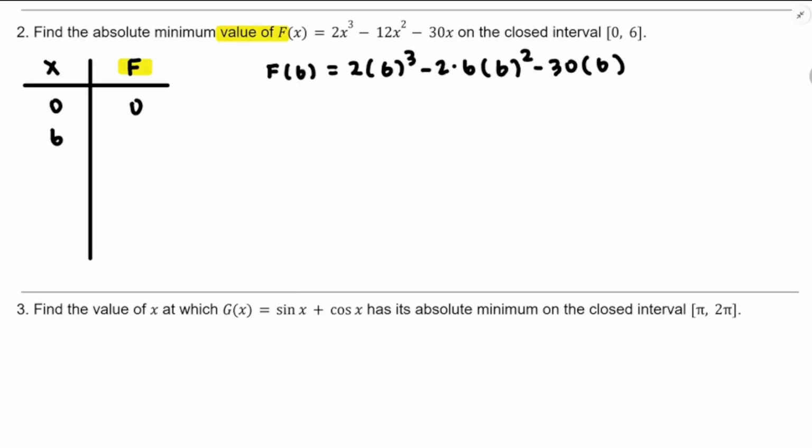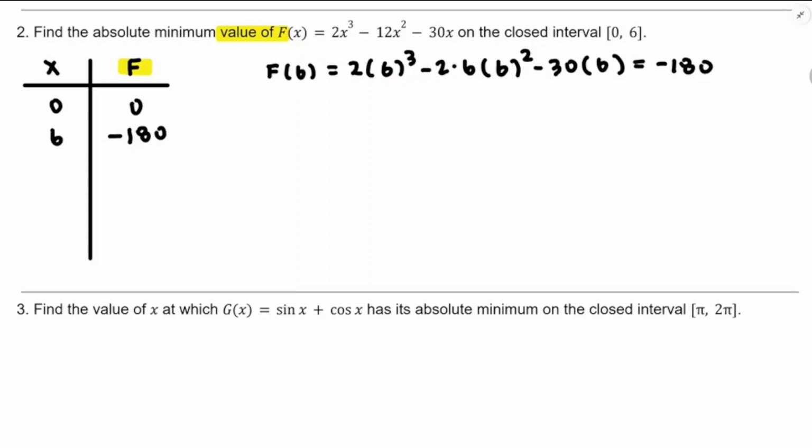Okay, and so that'll be 2 times 3 powers of 6 minus 2 times 3 powers of 6. That's 0, minus 30 times 6 would be 180. So negative 180. Okay, I've checked the endpoints.